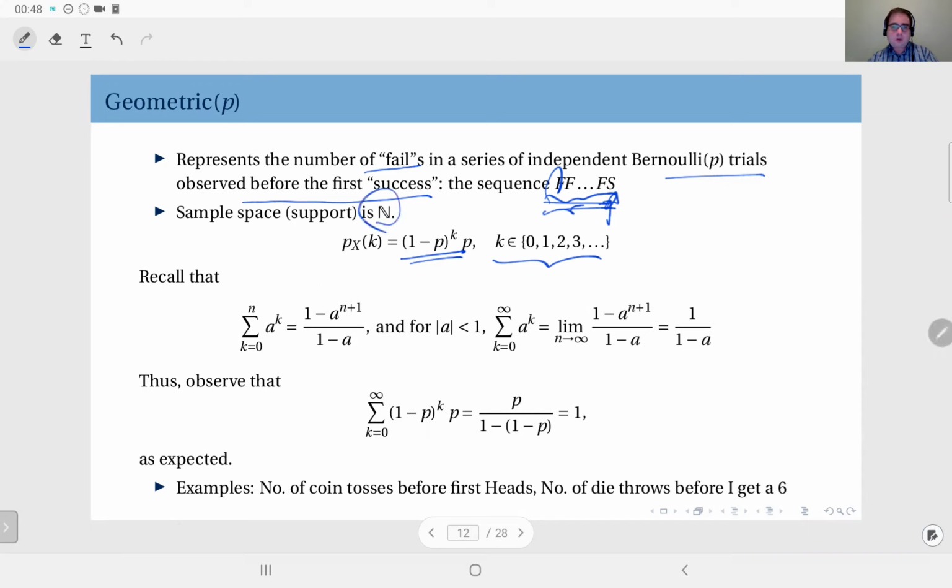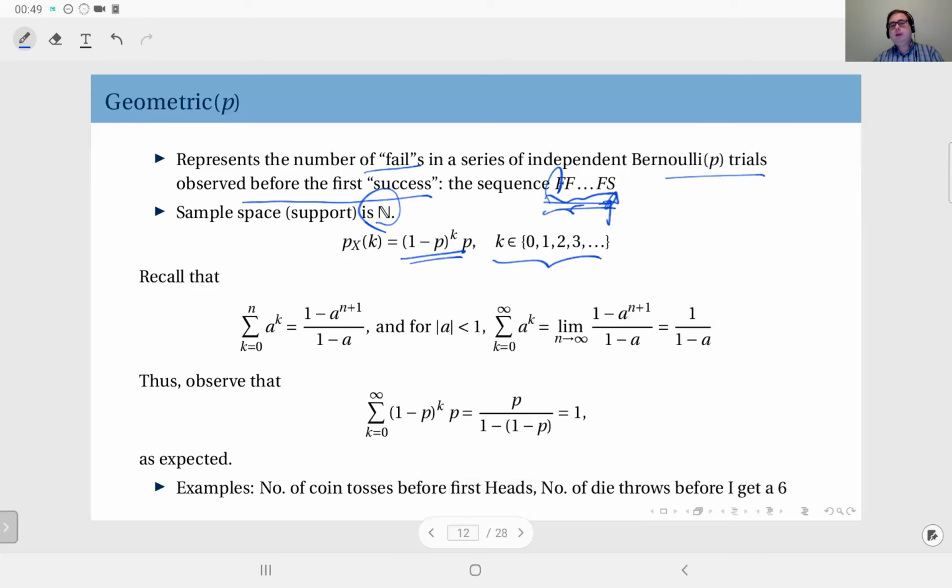And the support here, that means the sample space, is all non-negative integers, natural numbers. Why is that? As long as success is not a certain event, as long as fail has a non-zero probability, the probability that you observe a number of fails before one success is non-zero for any finite number of fails. It could be very, very small, but it's not impossible to see 1 million fails and then the first success.